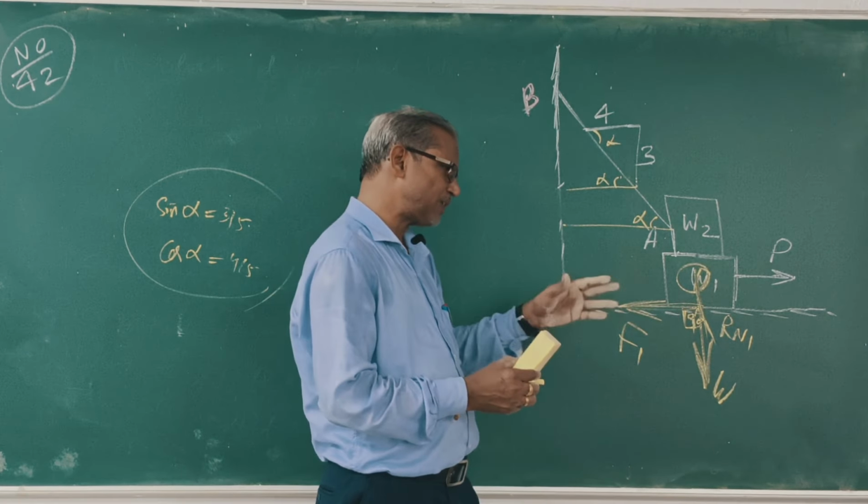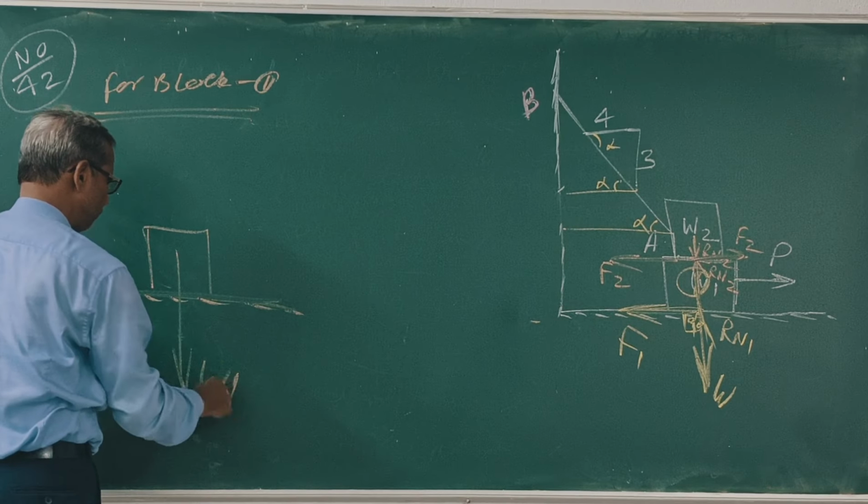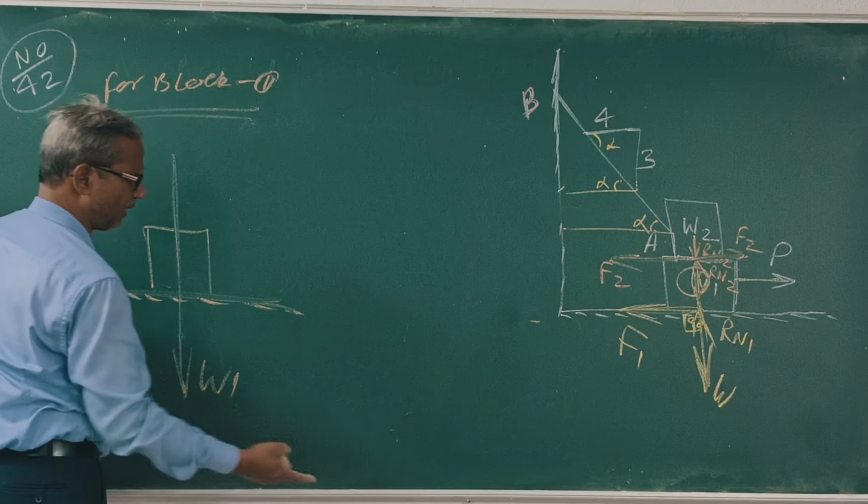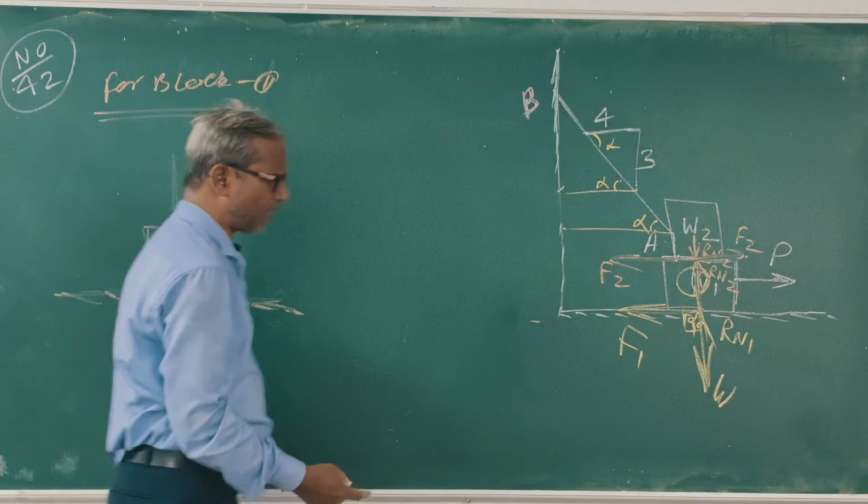Now, clearly take block 1, block 2. For block 1, this is block 1, this is weight W1, this is Rn1. Clear?